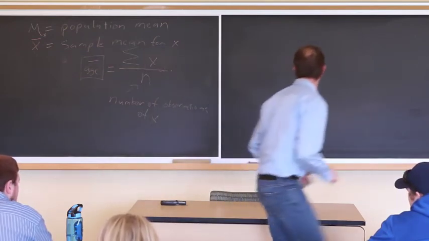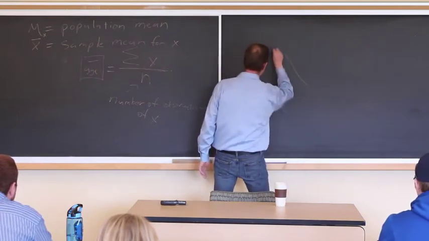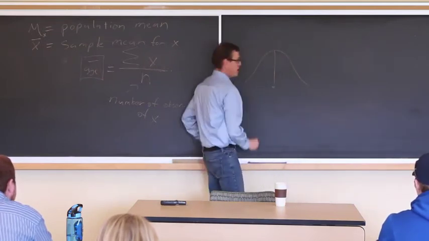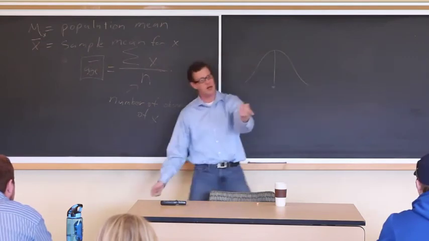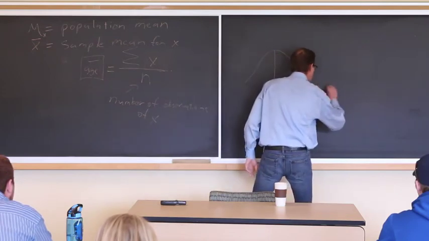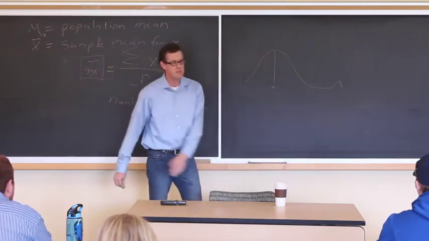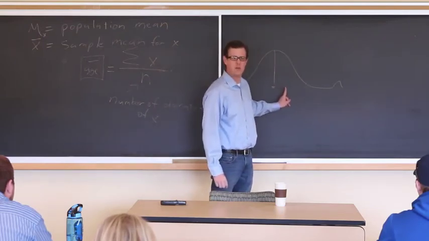If we had some distribution, I'm collapsing over a histogram here, the mean would be right in there. If this was made out of metal, I could put it on my finger and it would balance. If, however, we had one outlier over here, where does the mean go? It goes over here, right?